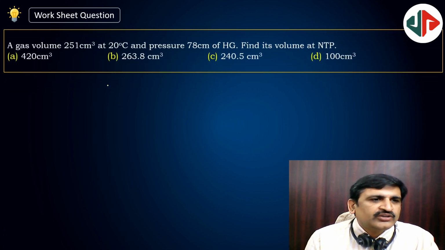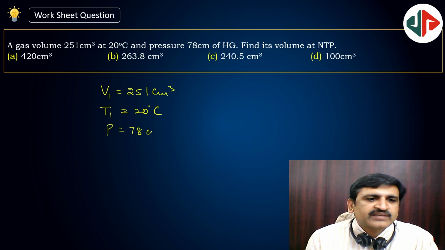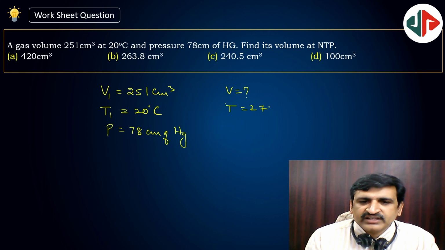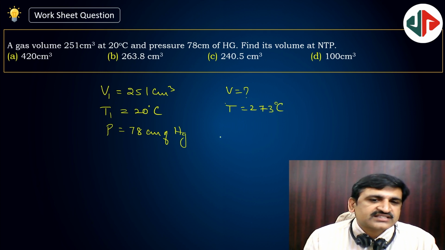A gas at volume V1 is equal to 251 centimeter cube, at T1 is equal to 20 degrees Celsius and pressure is 78 centimeter of Hg. Find the volume at NTP. Volume is equal to question mark, temperature is 273 Kelvin.